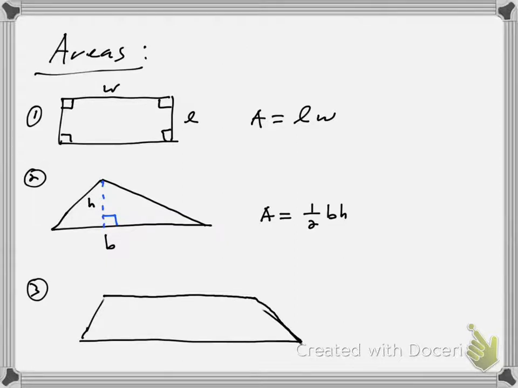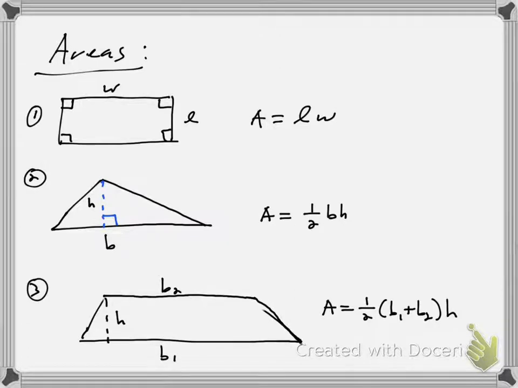Okay, this is my trapezoid. If we call this base 1 and call this base 2, so those are the two parallel sides, and then over here I've got a height of that trapezoid. The area of that trapezoid is 1/2 (base 1 plus base 2) times the height.